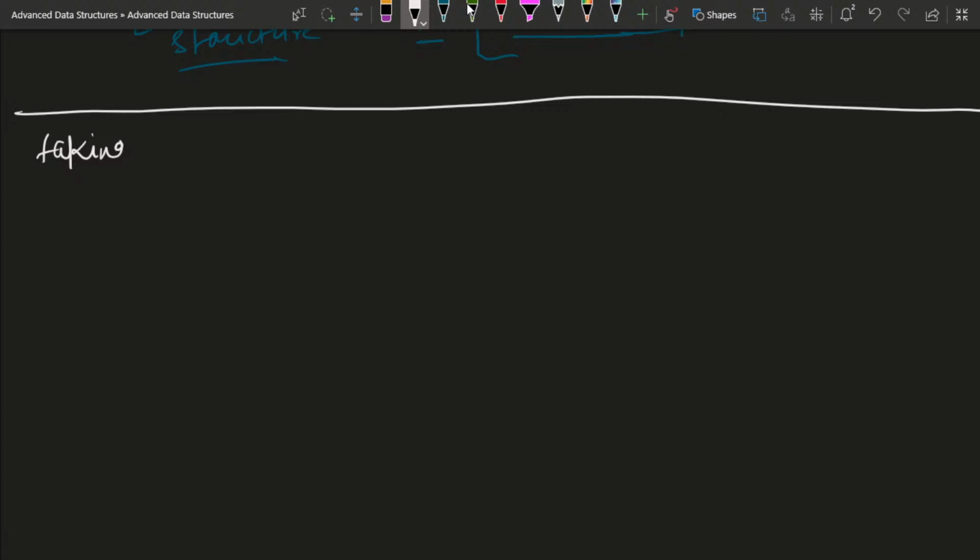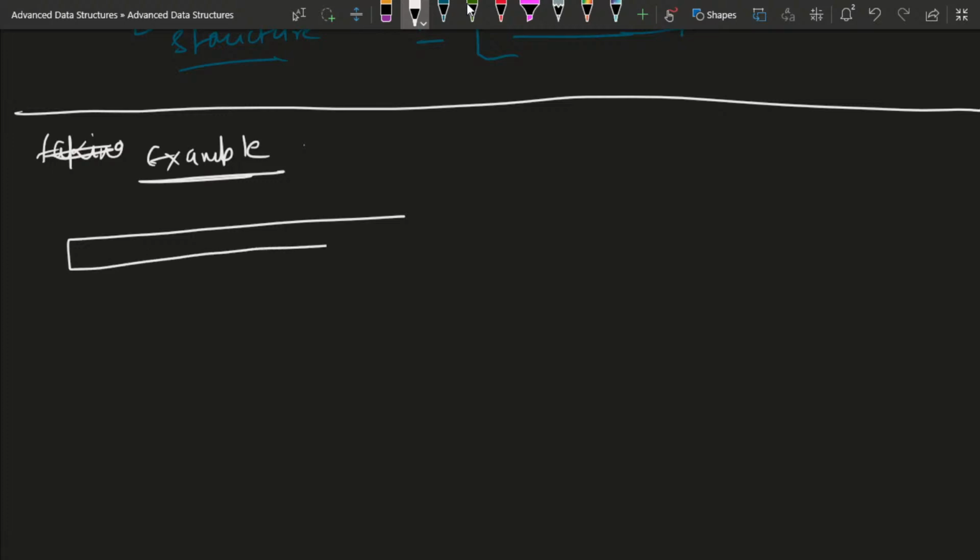Okay, so let us take an example. Now suppose we are given an array, and suppose these are the indices 0 1 2 3 4 5 6 7 8 and 9, and suppose the elements are 2 4 1 3 5 7 6 9 10 11.